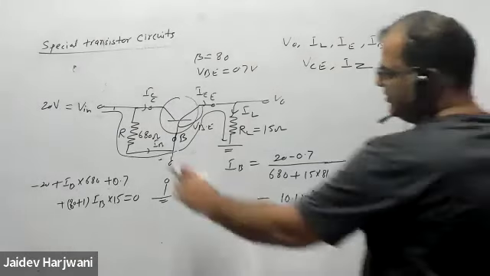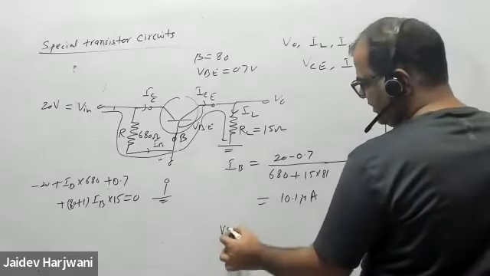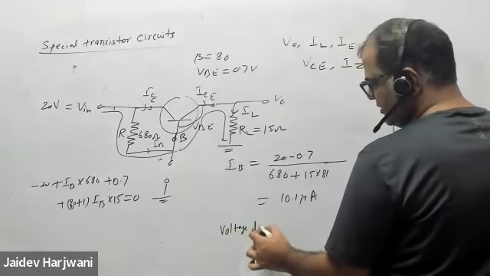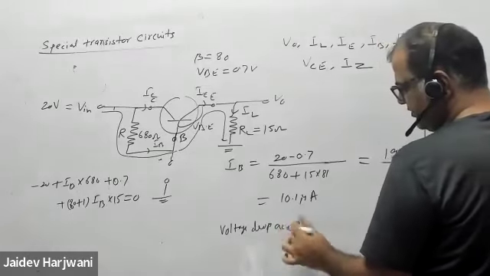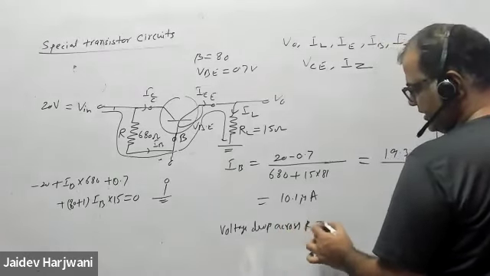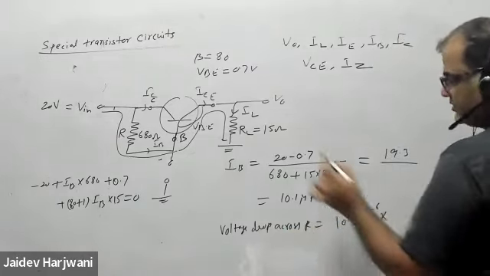So what is the voltage drop here? If I assume this one, the voltage drop across R is 10.1 microampere into 680.